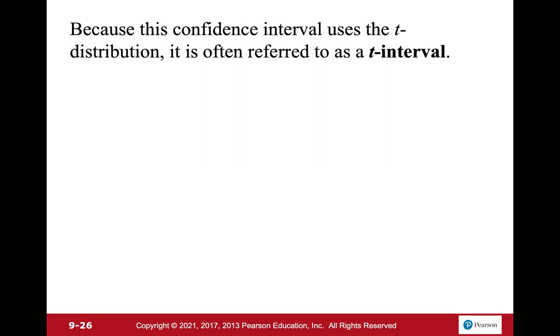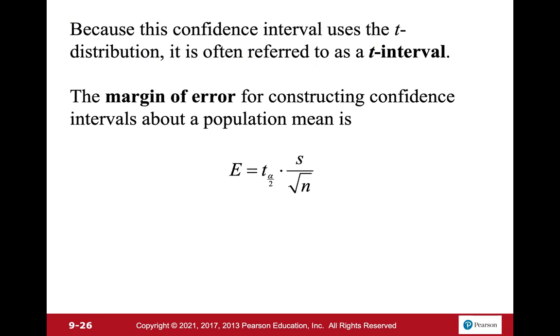Because this confidence interval uses a t-distribution, it is often referred to as a t-interval. Margin of error, again, is the critical value times s divided by the square root of n.